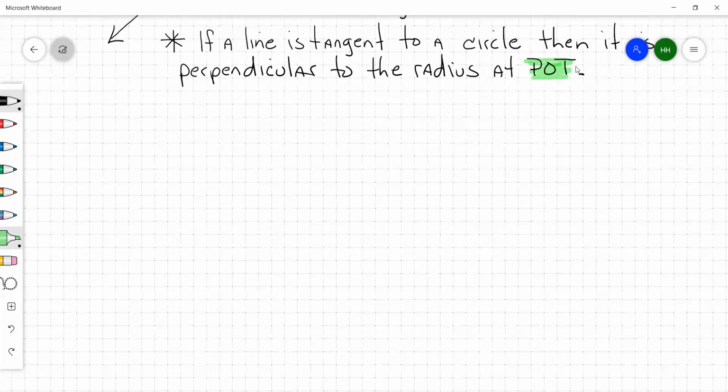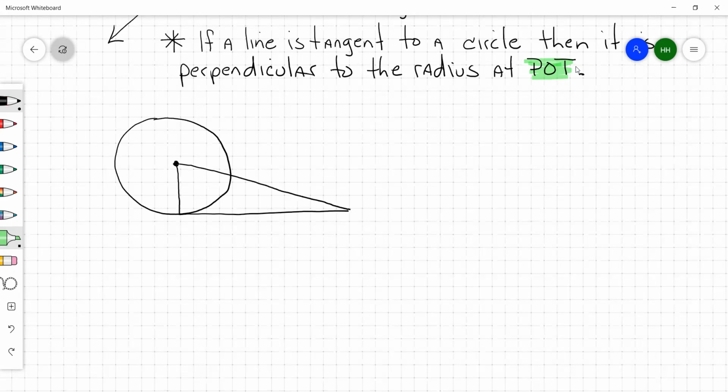If you're given this picture, and we've got this diagram going on, and this is triangle ABC, and then we've got a 9 and an 8 and a 15.